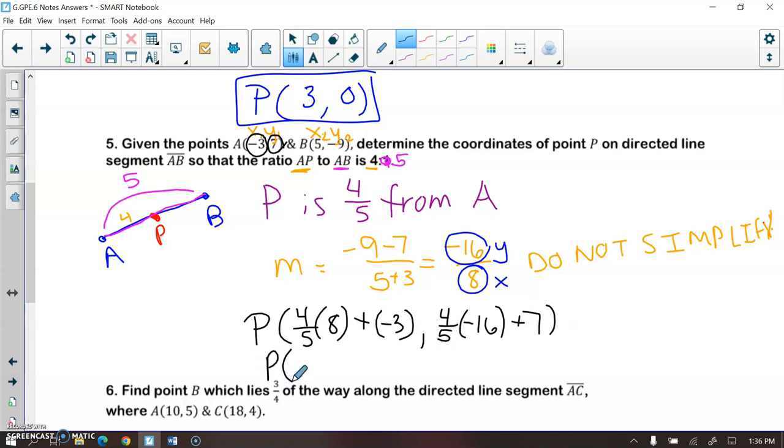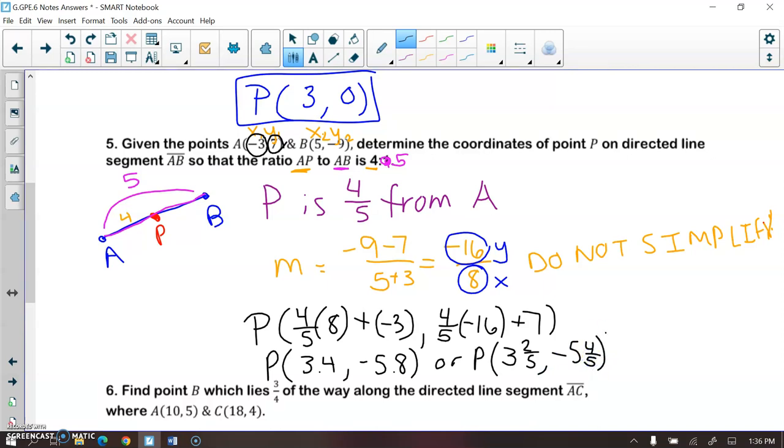So P, doing the calculations, 8 times 4/5 plus -3 gives me 3.4 as my x value for point P. -16 times 4/5 plus 7 would give me -5.8 as my y value for point P. If you want to write it as a fraction, 3.4 would be 3 2/5 for your x. -5.8 would be -5 4/5 for your y.